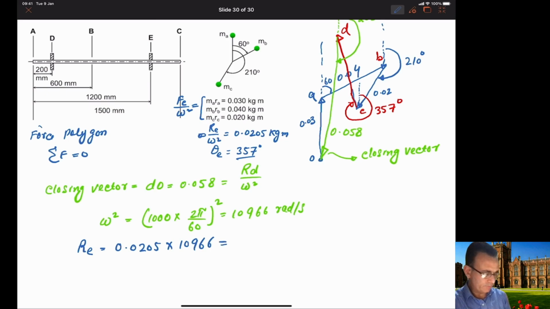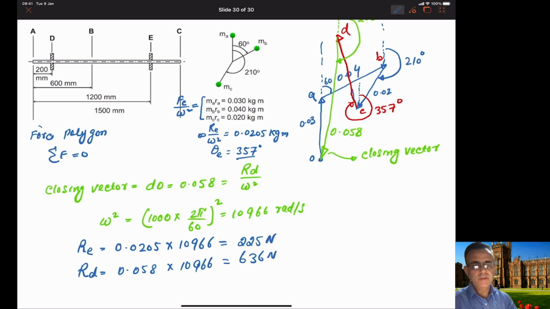This will provide you with 225 Newton, and RD will be this force here, 0.058 times 10966, which is omega square, and this will provide you with 636 Newton. Yep. So these are the required reactions that we were supposed to calculate in this case.